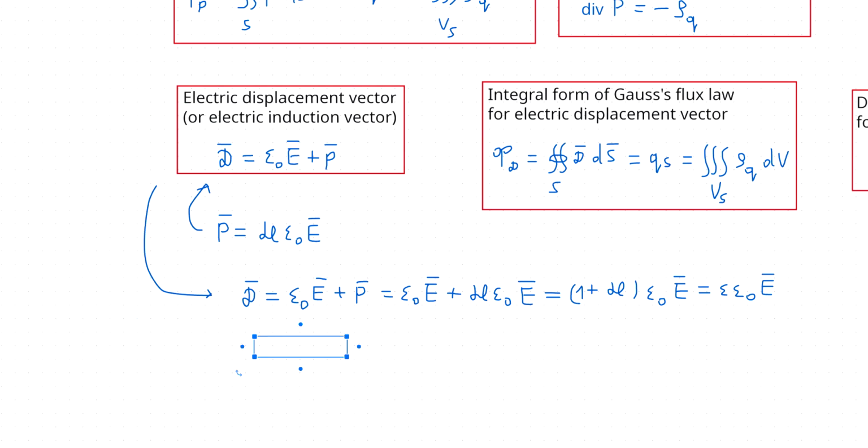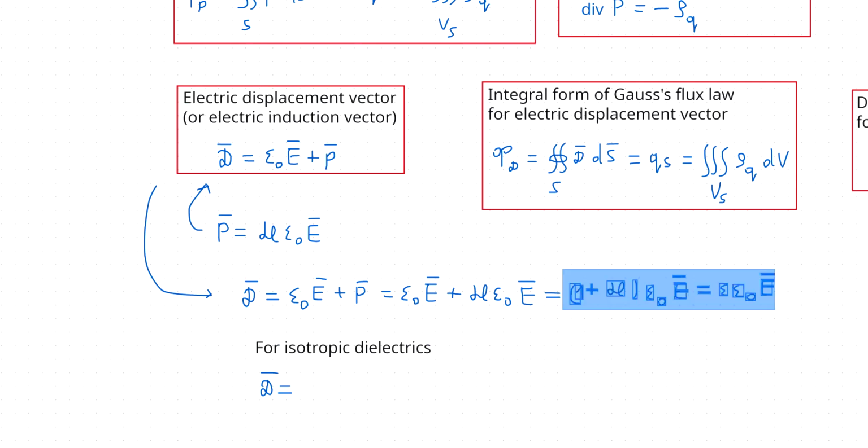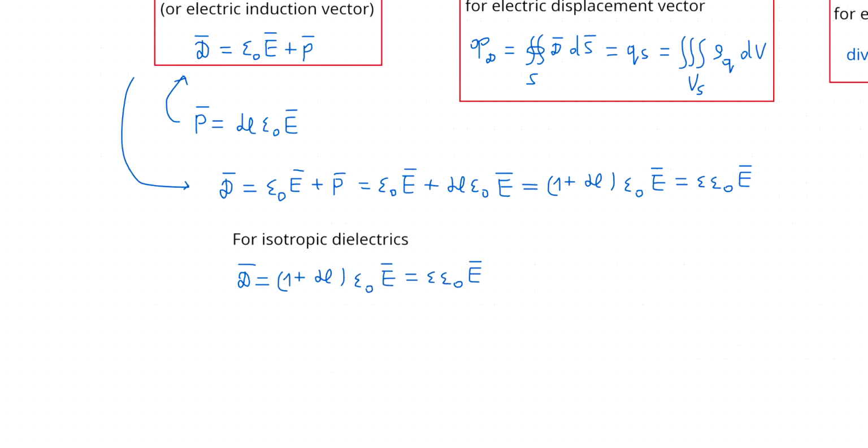For isotropic dielectrics, the electric displacement vector D is equal to this, where epsilon is equal to 1 plus kappa, and this is relative permittivity.